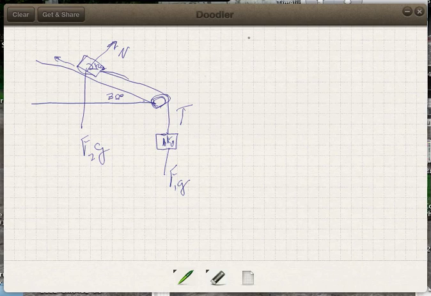And I recall that the coefficient of kinetic friction is 0.6.